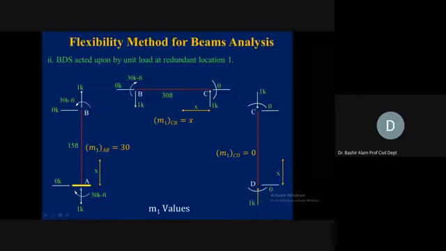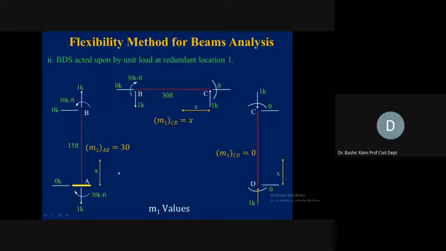Now, let's start analyzing each member and each joint. Member AB: 1 kip in the downward direction at A, so 1 kip in the upward direction at joint B. Summation of Fy is satisfied. Summation of Fx: 0 at A, so 0 at B, satisfied. Moment: 30 kip-feet clockwise, so 30 kip-feet counterclockwise.